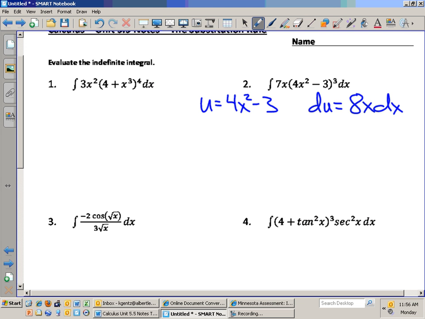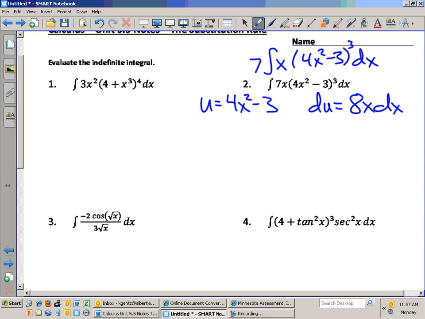I have a problem. My problem is that I have an 8, but here I have a 7. So what I like to do is this. I rewrite the indefinite integral to be 7 times the integral of x, parentheses 4x squared minus 3, to the third power, dx. So if I move the constant out front, and you're allowed to move constants out front, that makes it a little bit better.